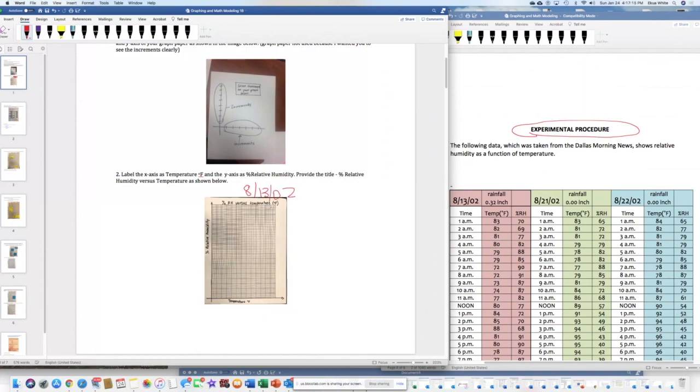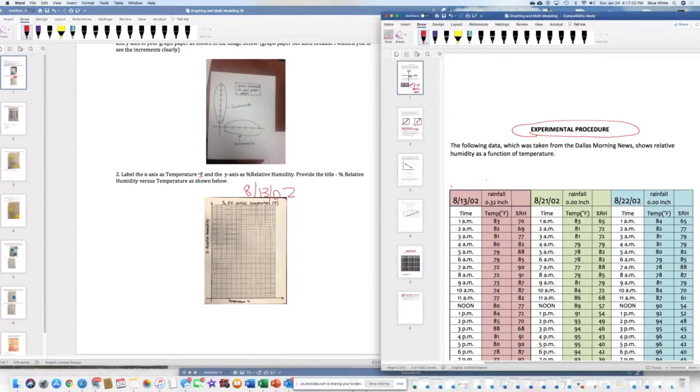You want to include that because once you draw your first one, you will know which one you drew, right? But once you send it to me, I won't know which is which. So I need 3 graph papers, one for this, one for this, and the other one for this.